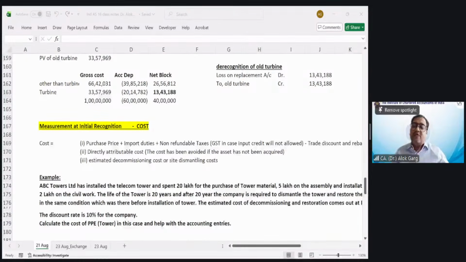PPE includes purchase price plus non-refundable taxes, import duty, directly attributable cost, plus estimated cost of decommissioning and site restoration. So I will compute the present value today of an amount which has to be spent, 10 lakh rupees after 20 years. Is that clear?